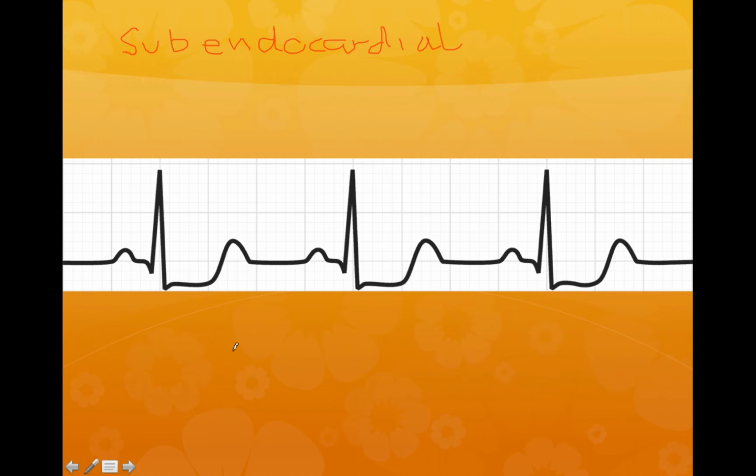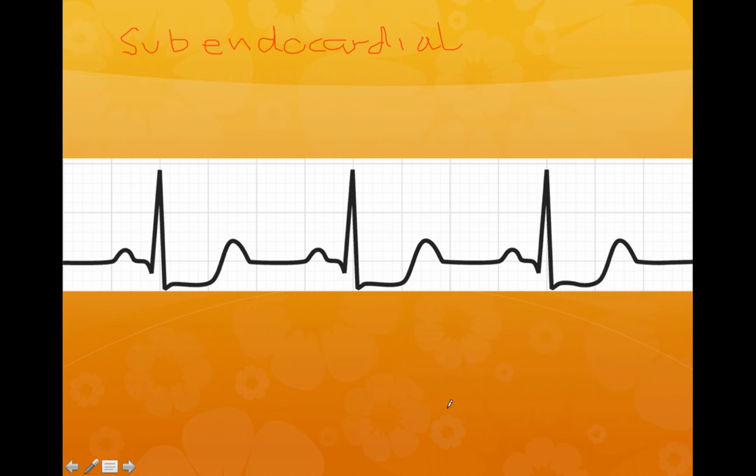You'll have charge flowing from the healthy myocardium towards the injured or the ischemic myocardium. And that's what we're actually seeing in ST elevation and ST depression. I'm going to go through that in a later video. But in this case, what we have is electrical current flowing from healthy myocardium on the surface of the heart to injured ischemic myocardium on the inner surface of the heart.